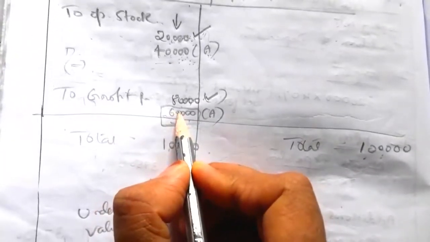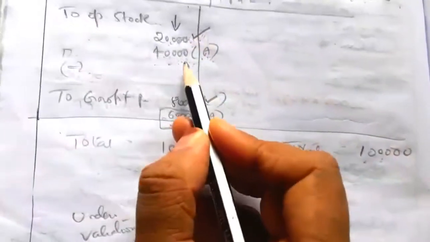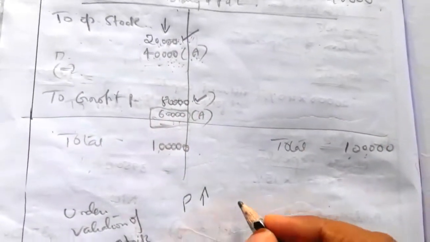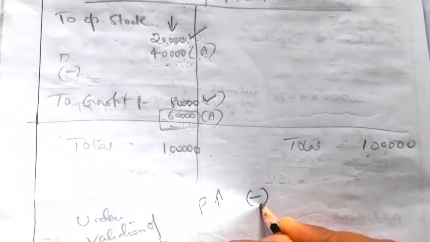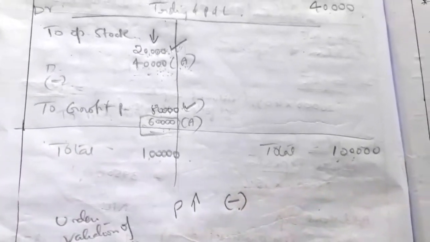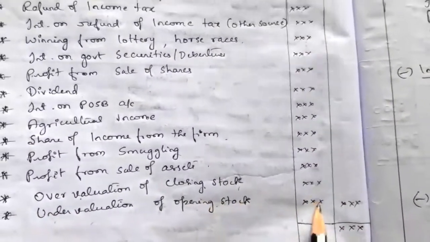In order to get the actual profit, we have to deduct the difference, the undervalued portion of the opening stock. So undervaluation of opening stock should be deducted.